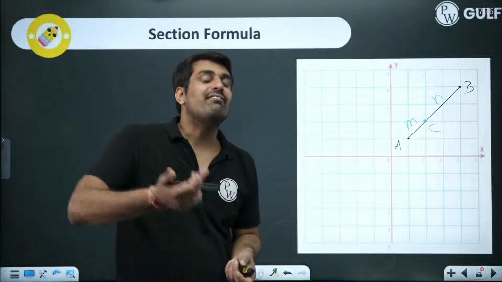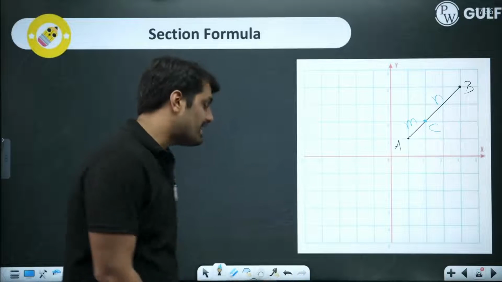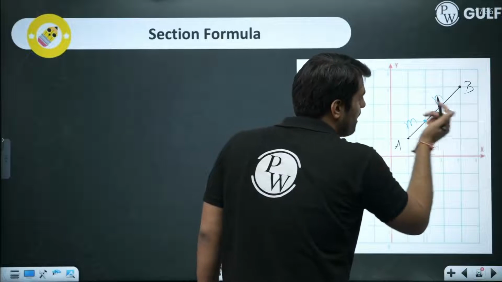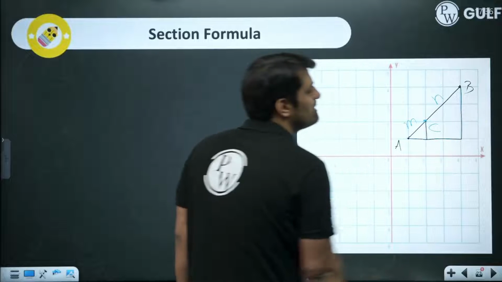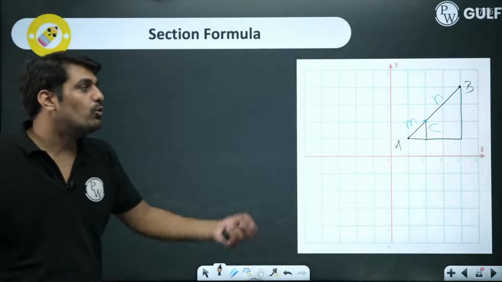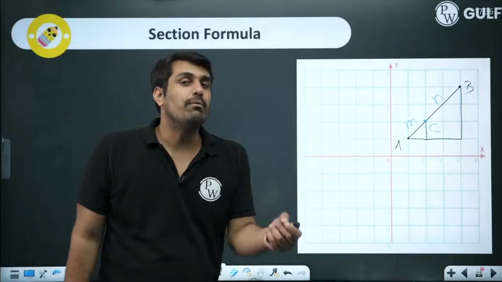So for that, we have a section formula, but ultimately you have to realize how the section formula is derived. The section formula has the same derivation as the distance one. We have different triangles being formed, and they all will be using the Pythagoras theorem to get the coordinates of C or the ratio part. Ultimately, Pythagoras theorem will be very, very useful.